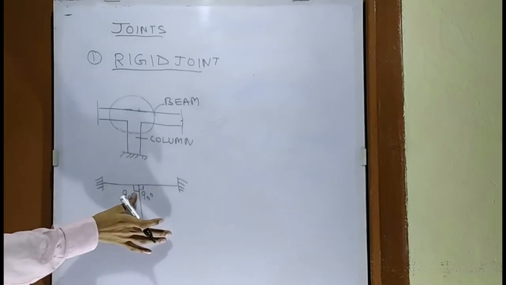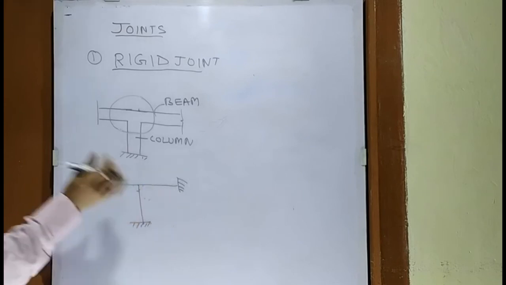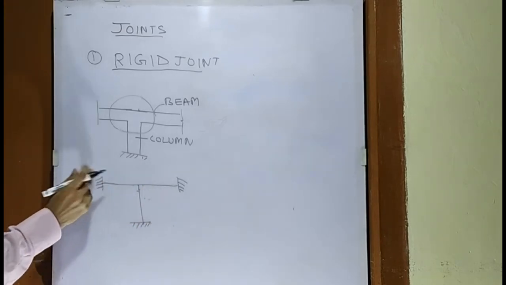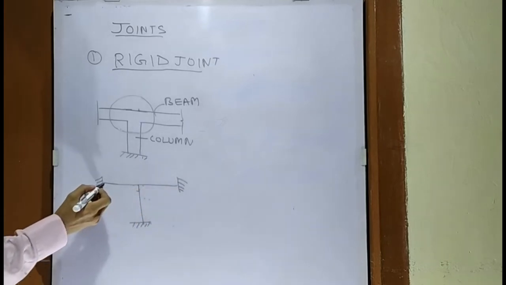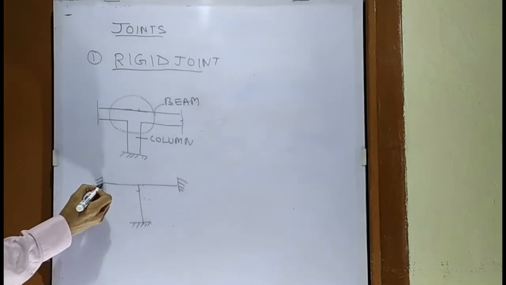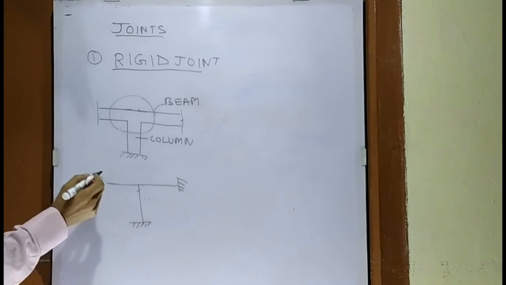Let us erase this. Now if I draw the deflected shape, at all these points the support condition is fixed. So what will the deflected shape look like?